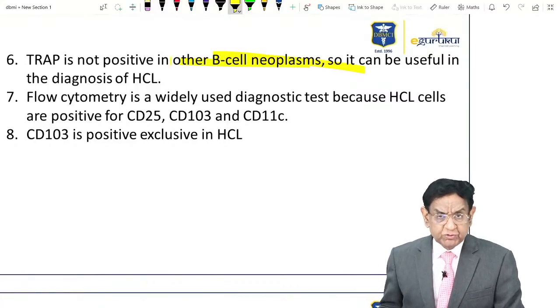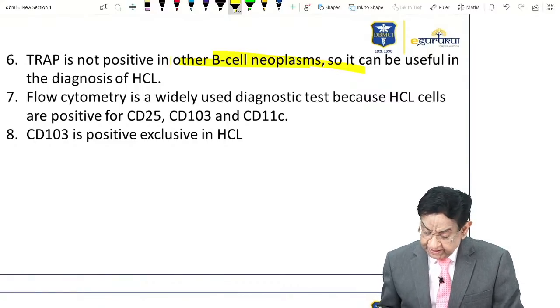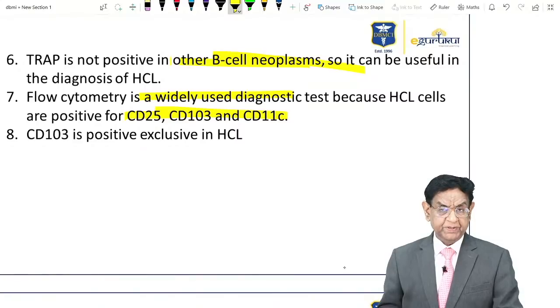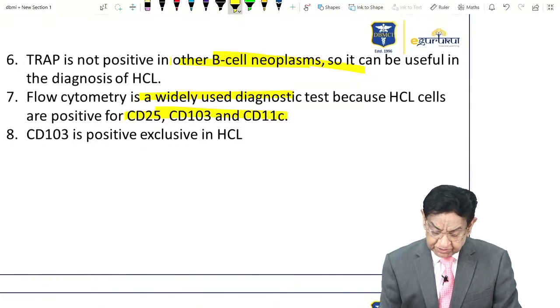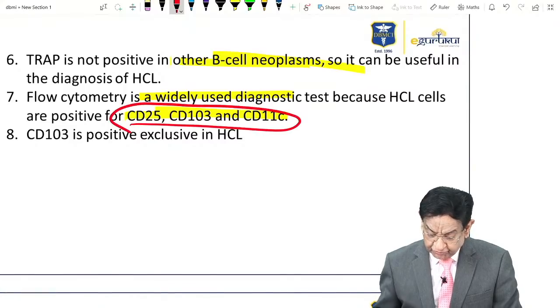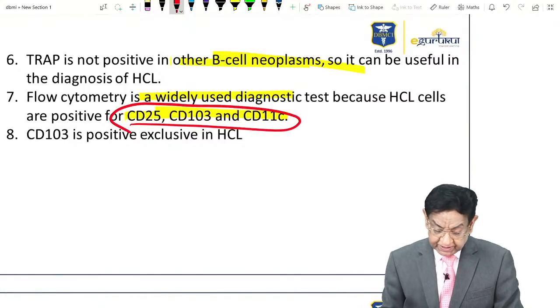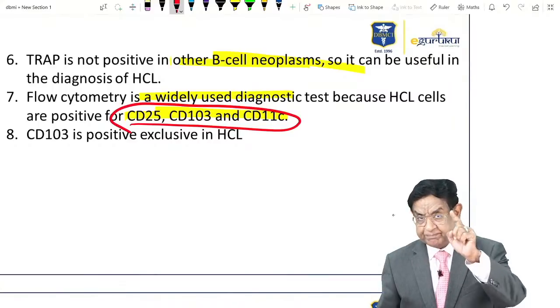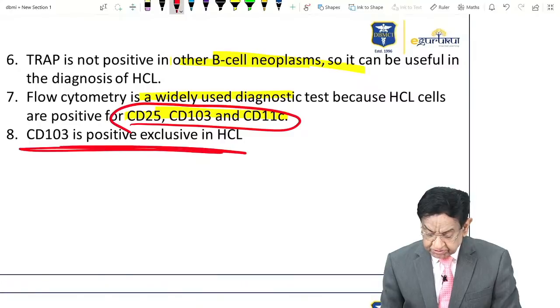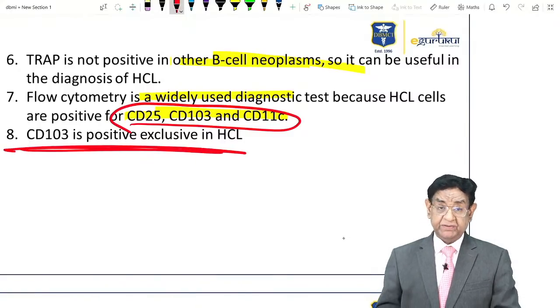Well, we always do flow cytometry. In flow cytometry, the best diagnostic tool, you get CD25, CD103, and CD11c positive. This you should remember. Can't afford to forget this. Cannot afford to forget TRAP positivity, and CD103 is exclusively in hairy cell leukemia.